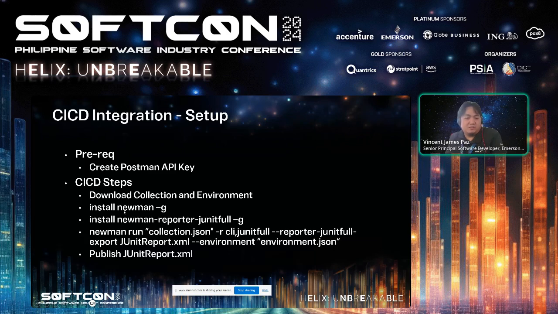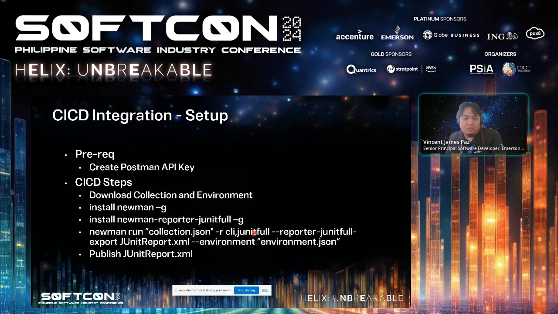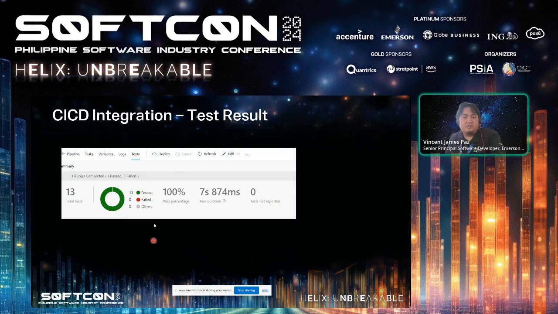So Newman, you need to install it, and you also need to install the Newman reporter JUnit, and then from there you need to execute the Newman CLI with the following arguments. So it would look something like this.